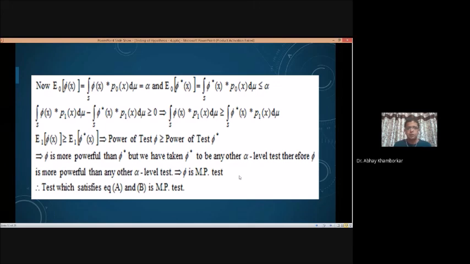So existence part में हमने सिंपली प्रूव किया था कि to test simple hypothesis against simple alternative, a test having a structure given by condition A and condition B exists, वो existence part में हो गया. Sufficiency part में हमने प्रूव किया है कि if any test satisfies condition A as well as condition B, then it must be most powerful test, right? So that is nothing but sufficiency part.